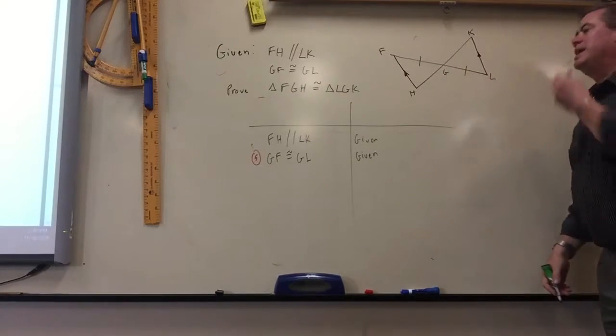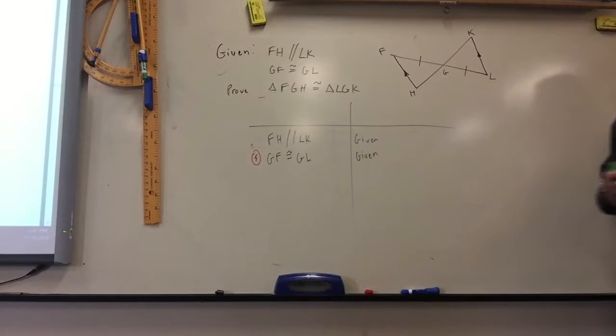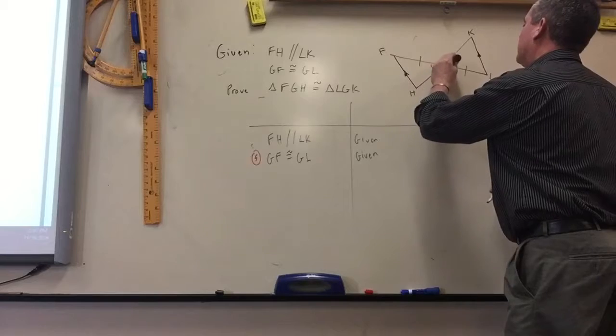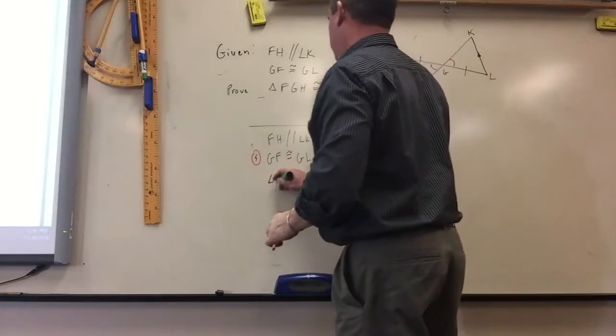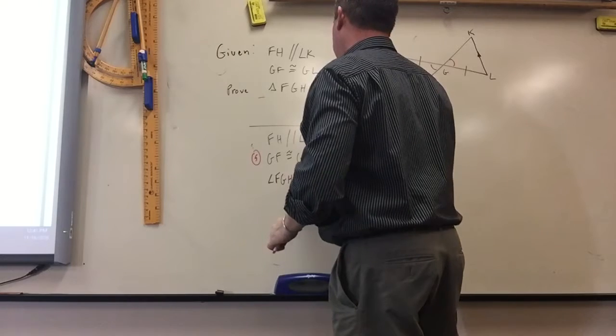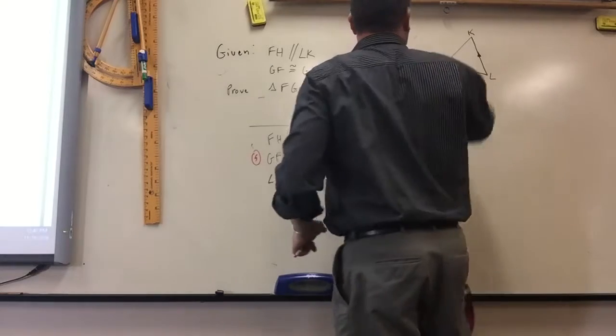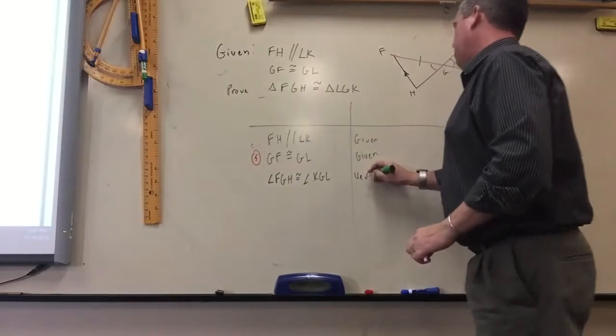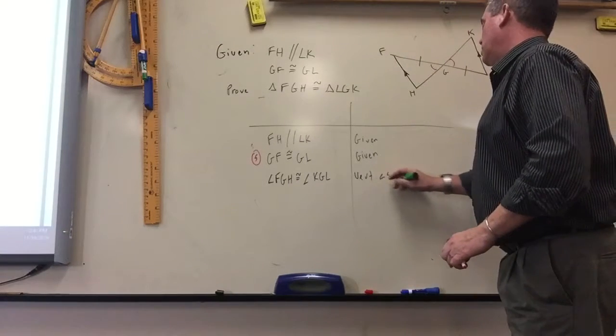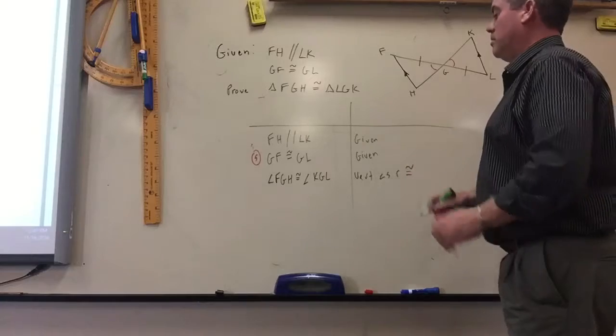So right now I only have one thing in there. So what else could I do? Vertical angles. Right there. Angle FGH is congruent to angle KGL because vertical angles are congruent.